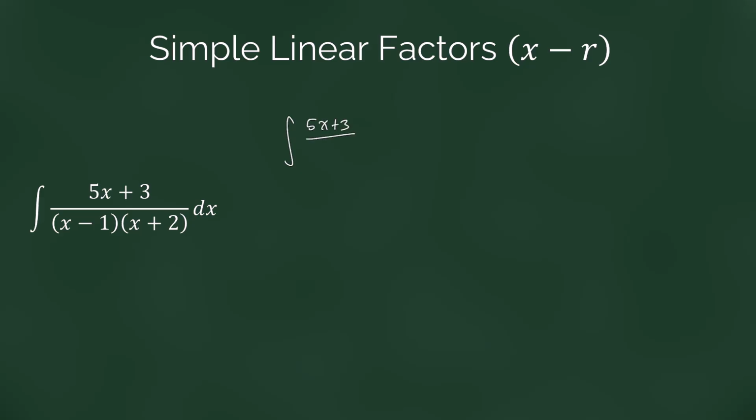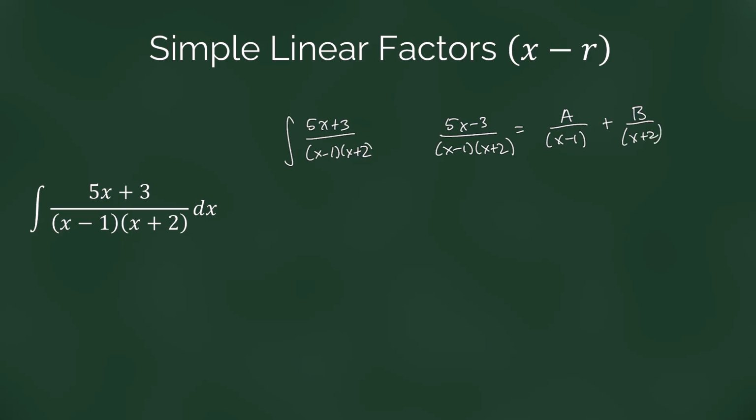So we know that we can start off by rewriting the integrand as a sum of two different rational functions, each of which has one of our factors as a denominator. So we're going to write this as a over (x minus 1) plus b over (x plus 2).